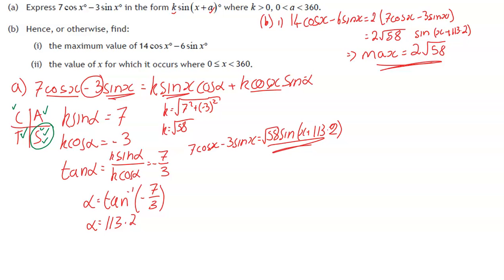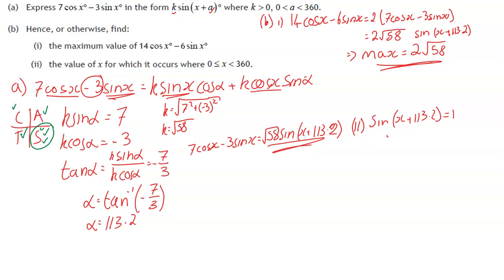Now the second part wants us to find the value for x where this occurs. Now we know the maximum value for sine is 1. We also know that that occurs at 90 degrees. So what it means then is that for the maximum to occur, this 2 root 58 sine of x plus 113.2 is going to equal 2 root 58, which is the equivalent of me saying sine of x plus 113.2 is equal to 1, because I'm just eliminating the other two by taking them as a common factor.